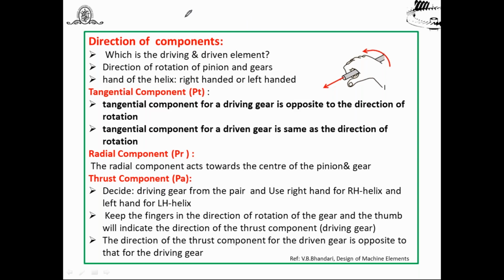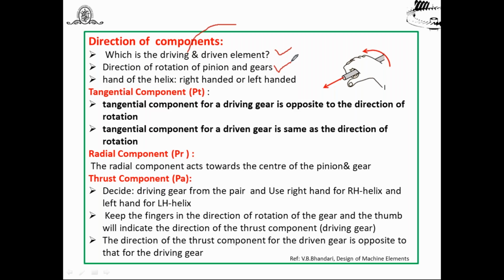This is for the spur gear, but in the case of helical gear, there is another component, the axial or thrust component. That's why we have to ask: which one is the driving and driven member? Whether pinion is driving or gear is driving, and generally in many applications you will find pinion is the driving member. Then second, we have to check the direction of rotation of pinion and the direction of rotation of gear.